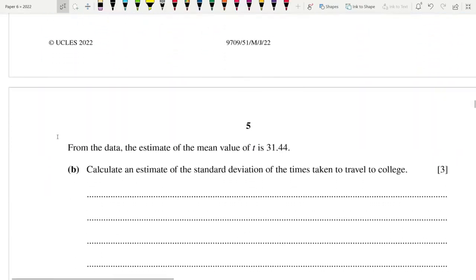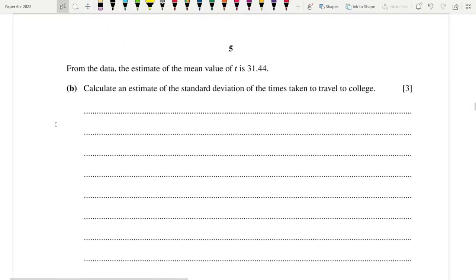Now you guys need to understand something. What is the formula for standard deviation? It's basically the root of the variance, right? And what is the formula for variance? Variance is basically the summation of x squared f divided by n, minus the mean whole squared, which we have.